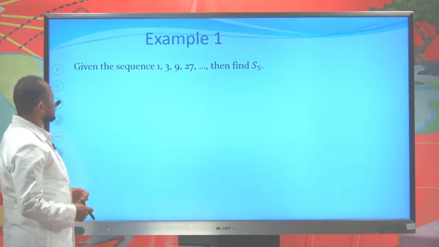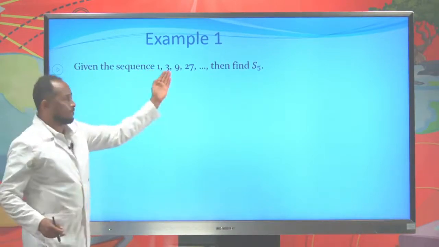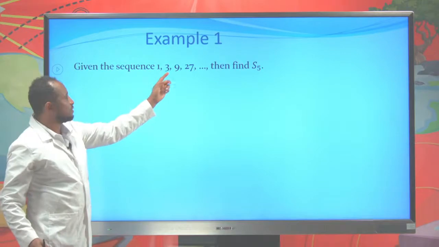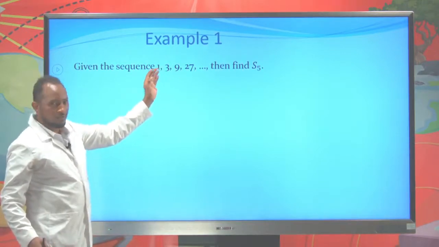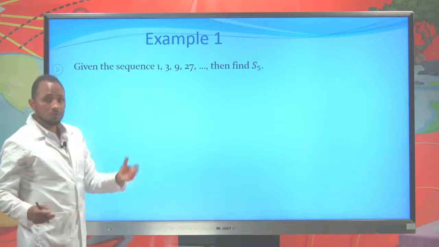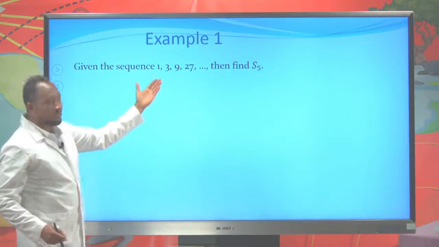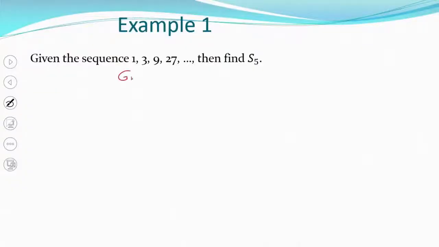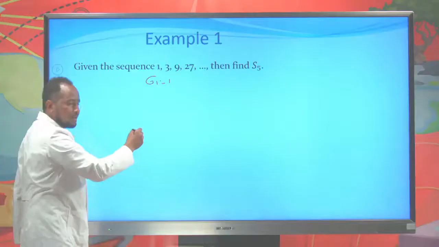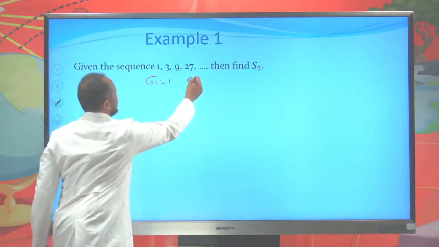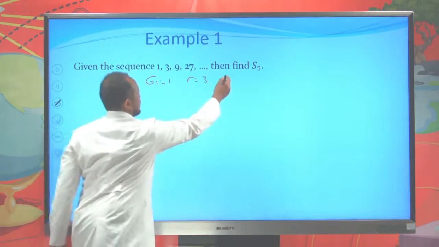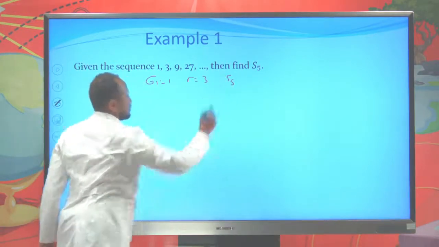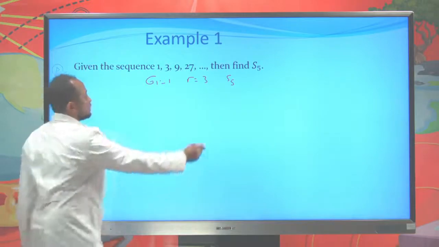It is a geometric progression because it has a common ratio: 3 divided by 1 is 3, 9 divided by 3, 27 over 9 is also 3. So this is a geometric sequence with first term 1 and common ratio 3, and we are asked to find the sum of the first 5 terms.